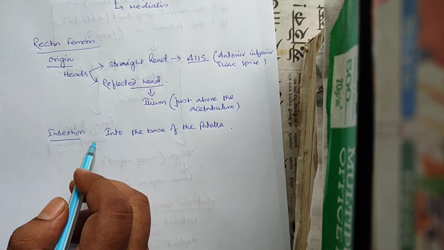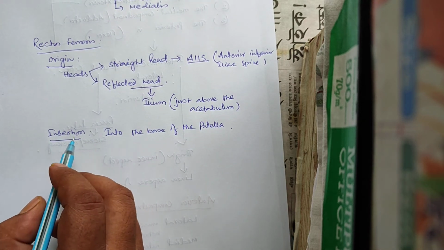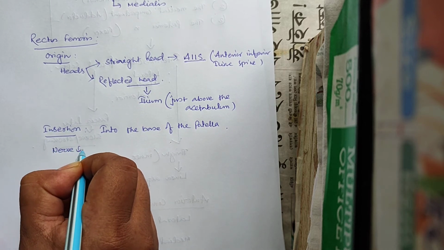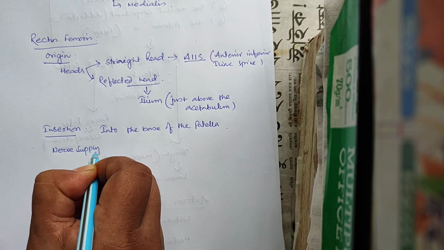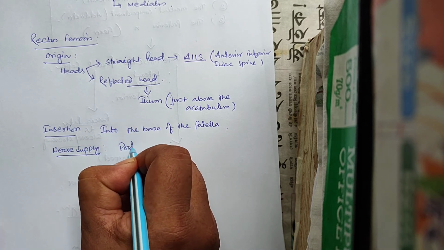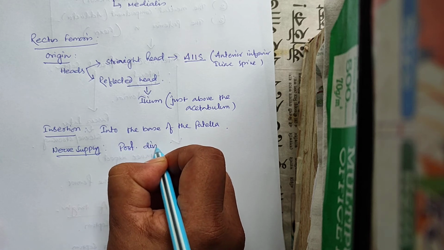Now the nerve supply. It is supplied by the posterior division of the femoral nerve.